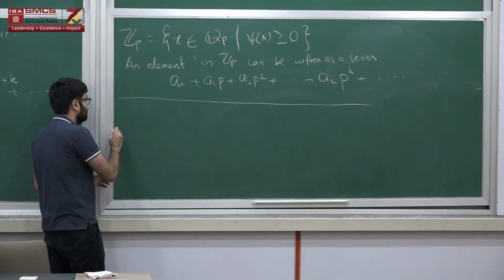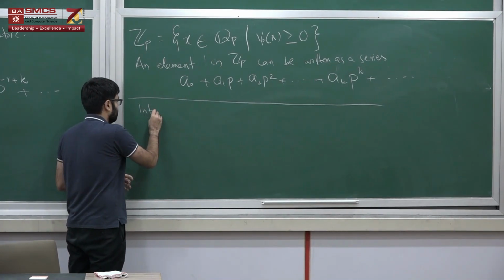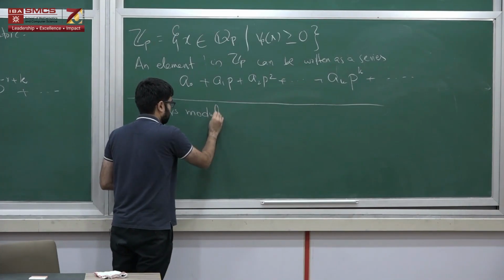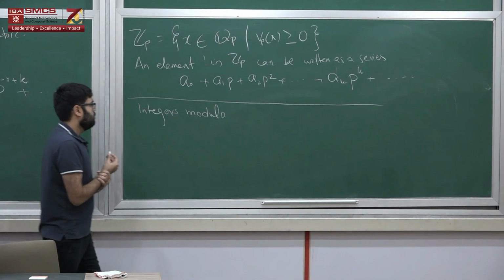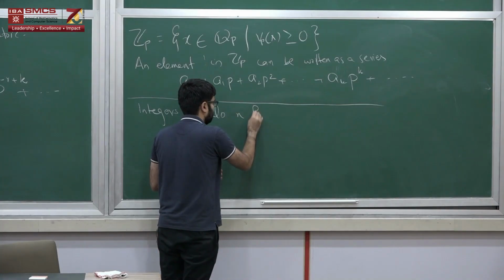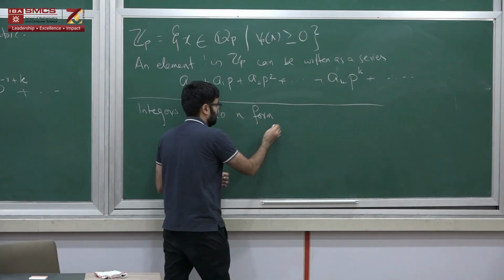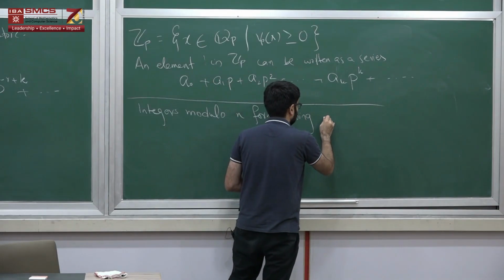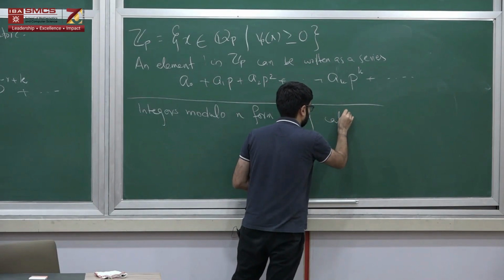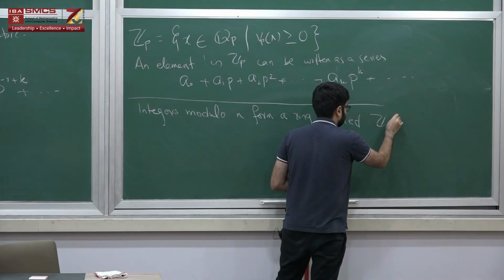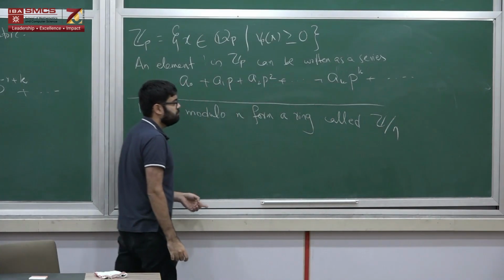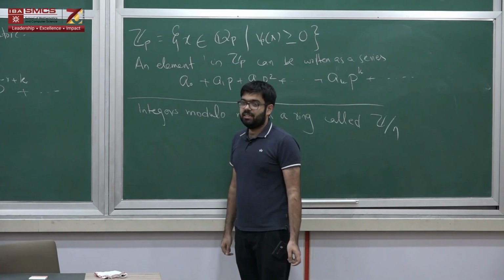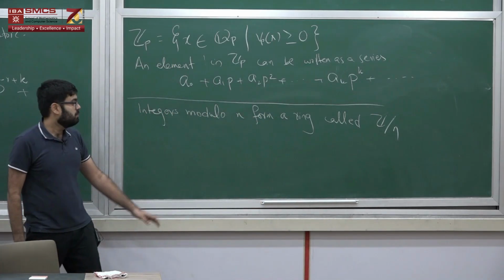The integers modulo n form a ring which we call Z mod n. I think at some point I'm going to slip and write this as Zn and confuse that with Zp, but hopefully I will not.